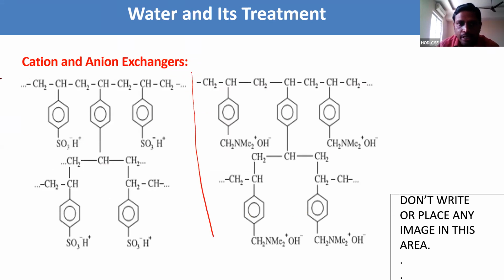The first structure is the cation exchange resin. This is styrene divinyl benzene copolymer. It is a simple structure that you can draw in the exam.